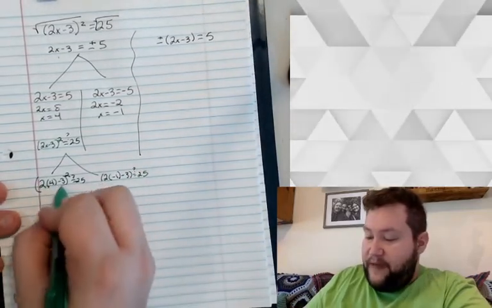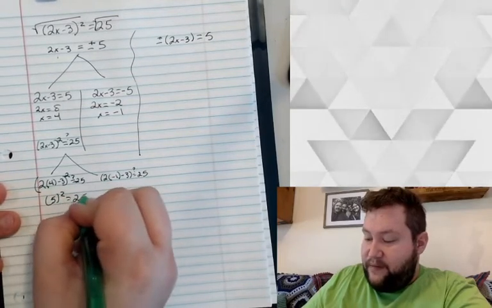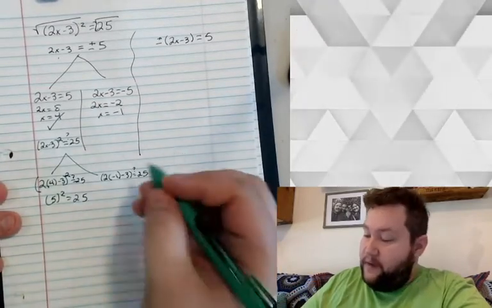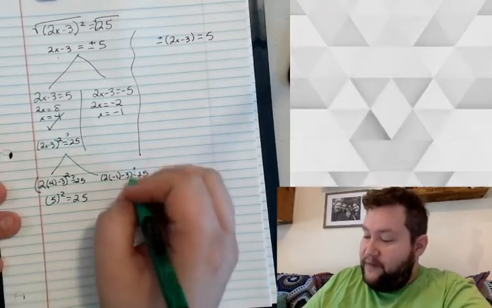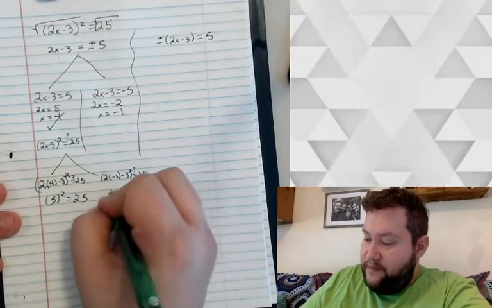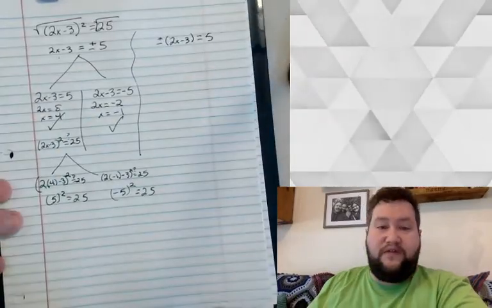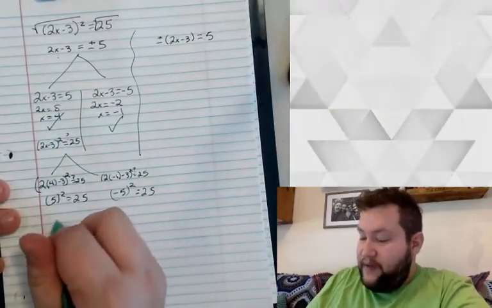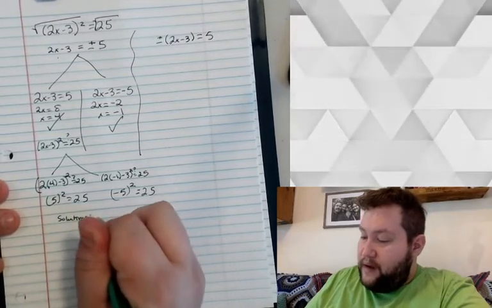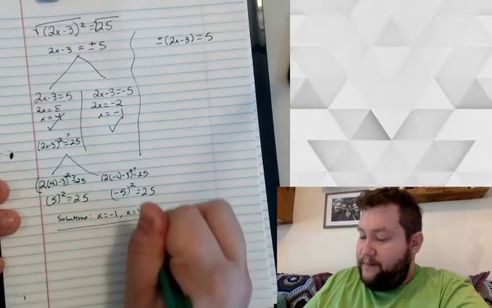Well, 2 times 4 is 8, minus 3 is 5, so 5 squared does equal 25, so we're good with that one. And over here we have negative 2 minus 3 is negative 5, squared does equal 25. So that solution is good. So here we have solutions: x equals negative 1, x equals 4.